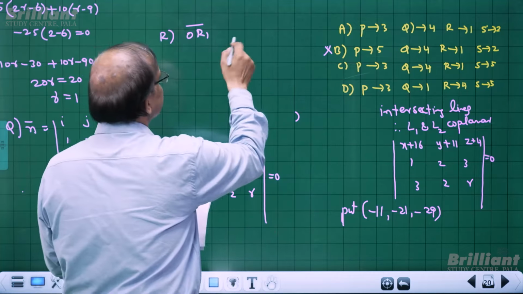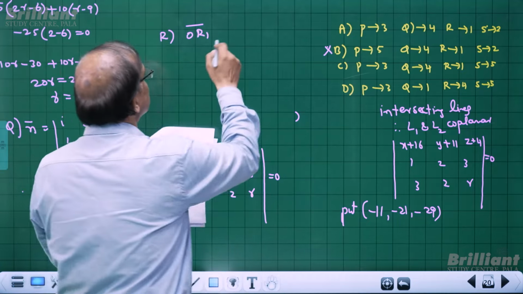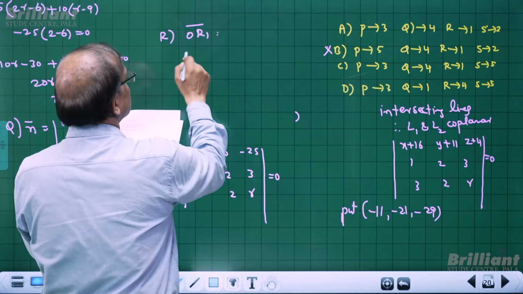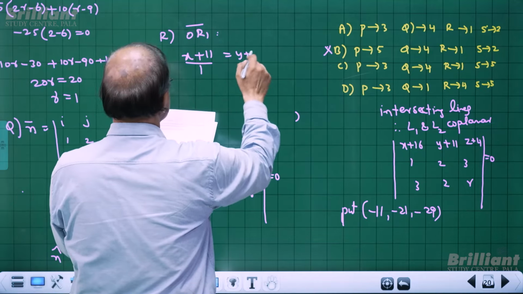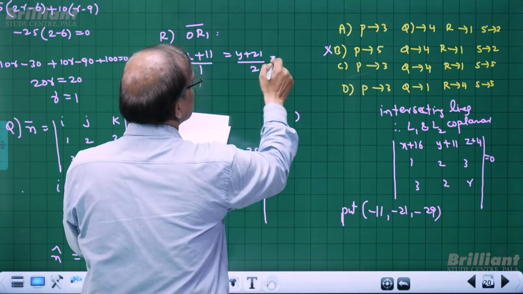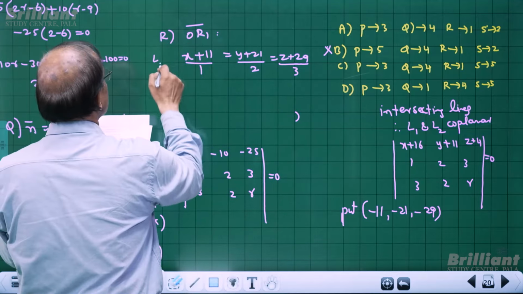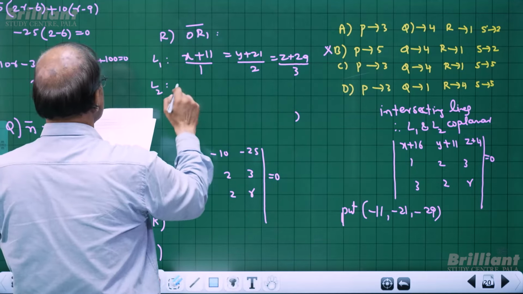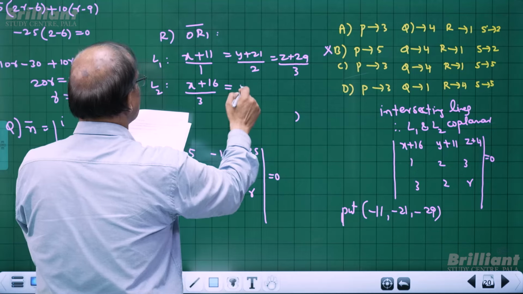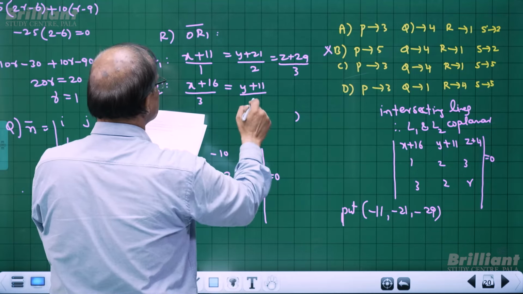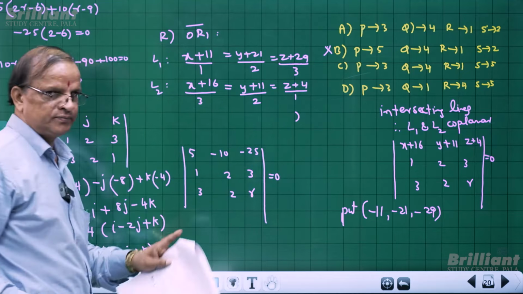These are the lines: x plus 11 by 1, y plus 21 by 2, z plus 29 by 3, this is L1. L2 is x plus 16 by 3, y plus 11 by 2, z plus 4 by gamma, with gamma 1.